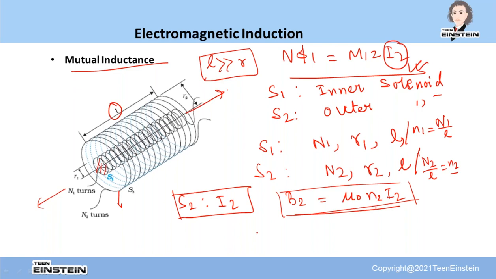That means in each loop, the flux linked in the coil S1.